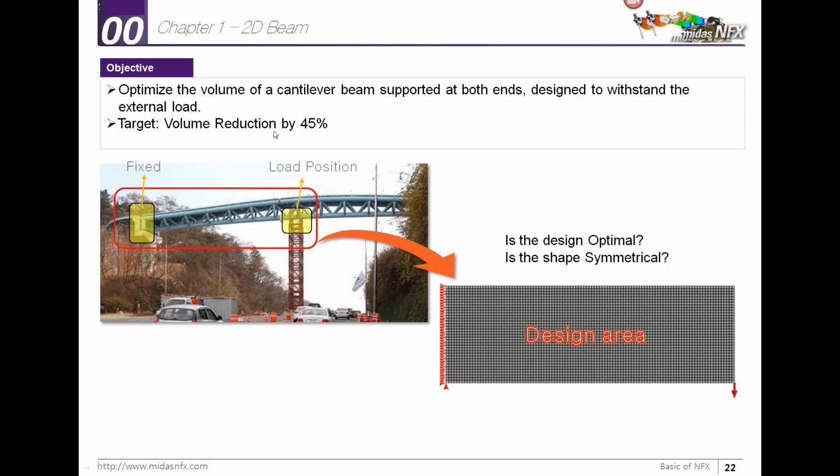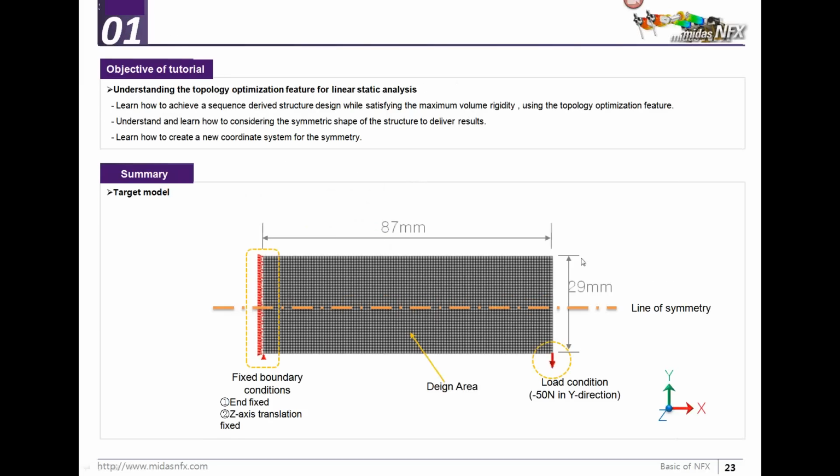The volume reduction that I will target is 45%, so I want to reduce the volume of this design area by 55%. We don't know what the optimal design shape is, let's say, so let's check what the software will tell you. So this is the actual model I will consider.